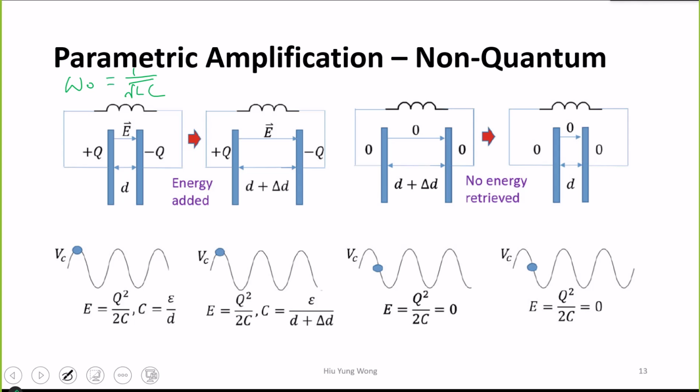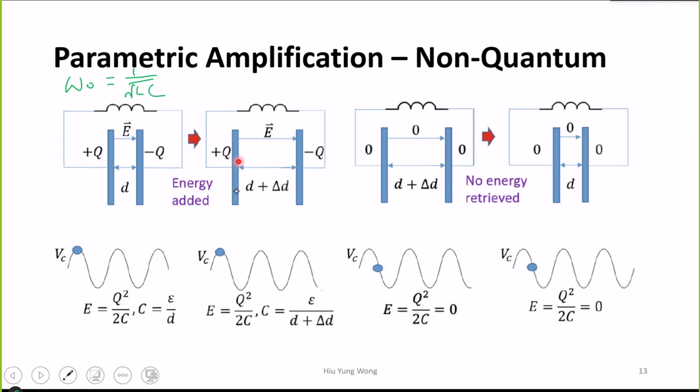Now, at a certain time, all of the energy is converted to capacitive energy, so your voltage is at the peak, right? You have all the charge plus Q and minus Q across the capacitor. Is that okay? At this point, the capacitive energy is Q squared divided by 2C. We also studied it earlier, with Q equal to epsilon divided by D.